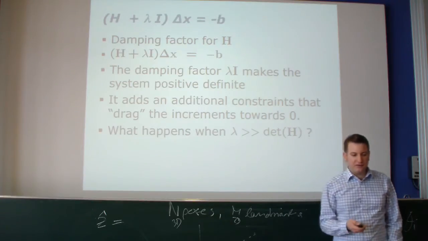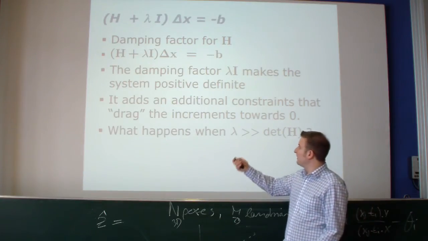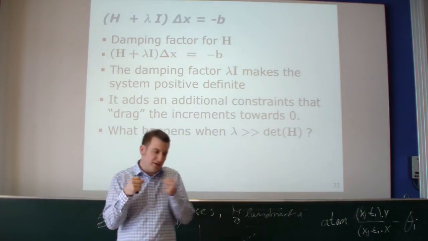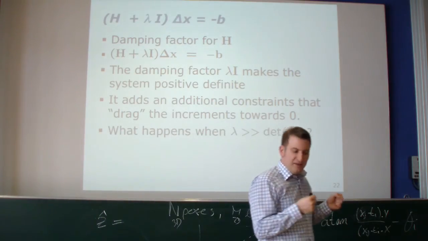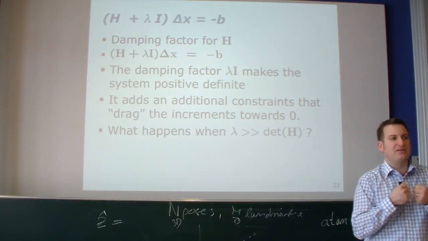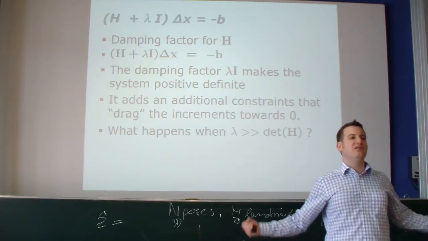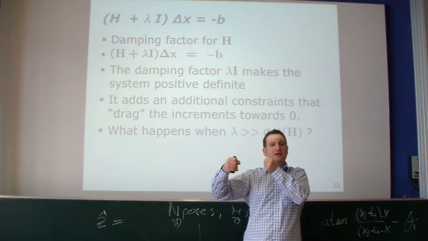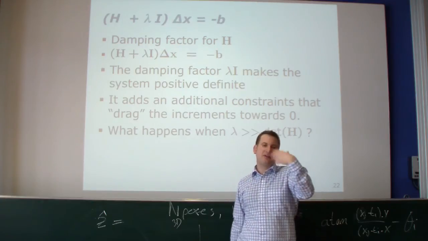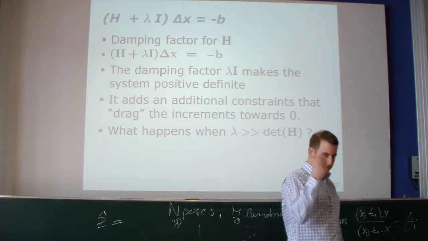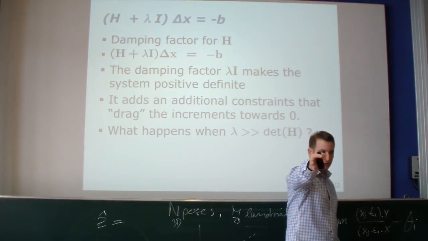So it leads to the situation where one constraint says the increments should be 0, should be small. And the other one says, fit to the solution I get. You can see that, for example, if I have a bearing observation of one single feature, you say the feature should be in this angle compared to my current location.